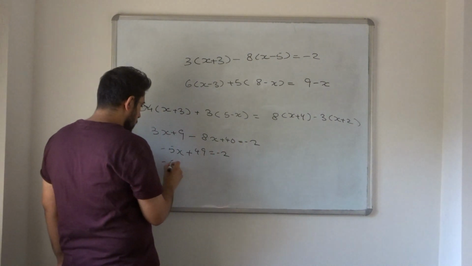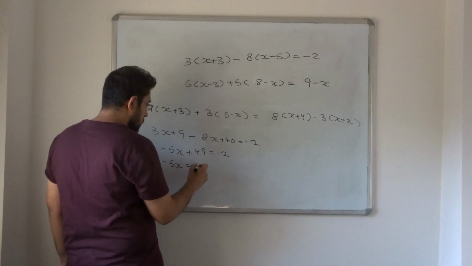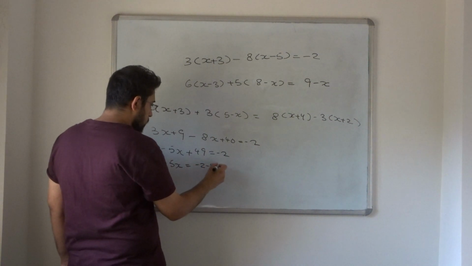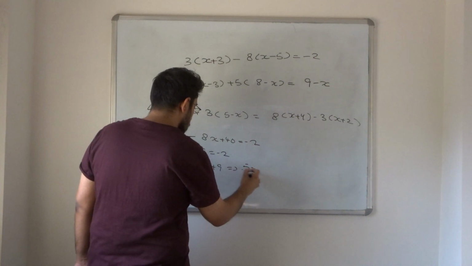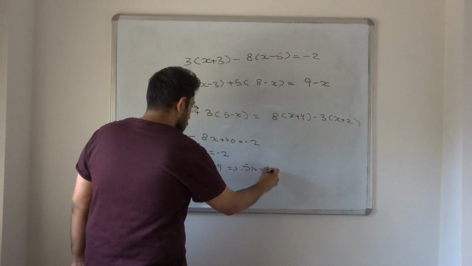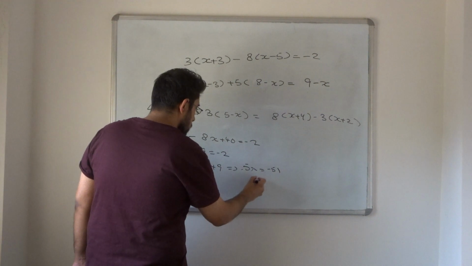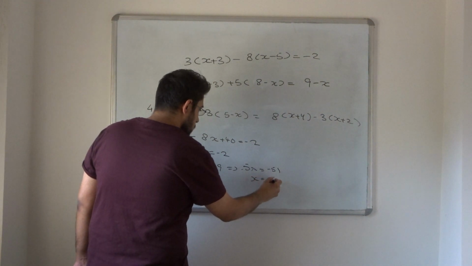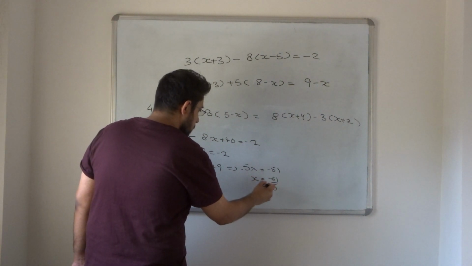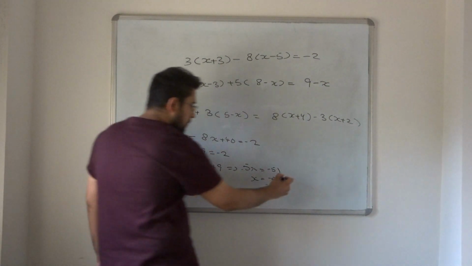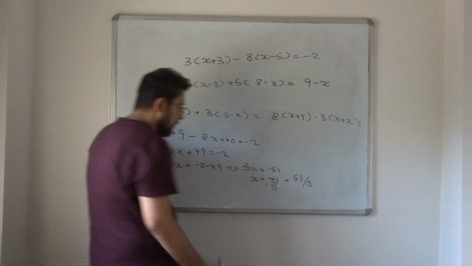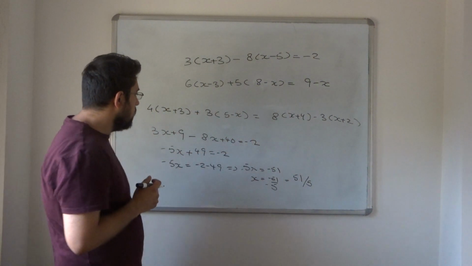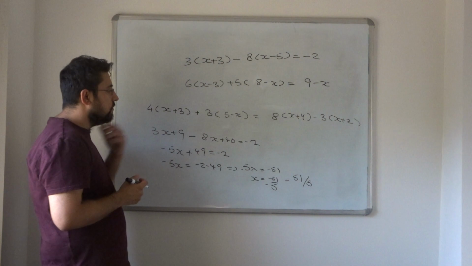So you have negative 5x minus 2 minus 49, which gives you negative 5x upon negative 51. So x equals 51 upon 5. Negative and negative becomes positive. So your answer is 51 upon 5. That's your answer to the first one.